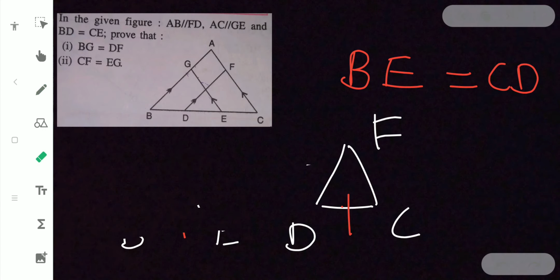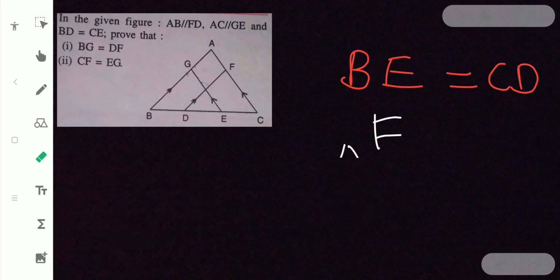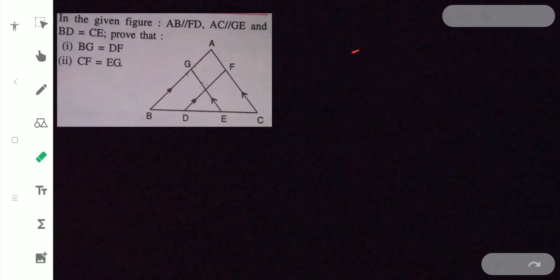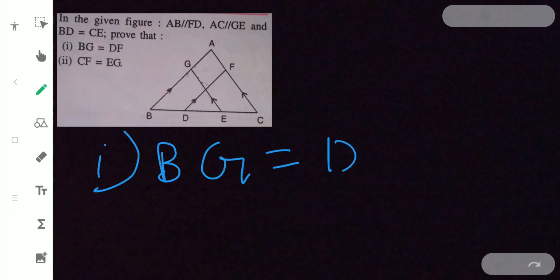So I am rubbing here and writing only the question proving over here: BG is equal to DF by CPCTC.